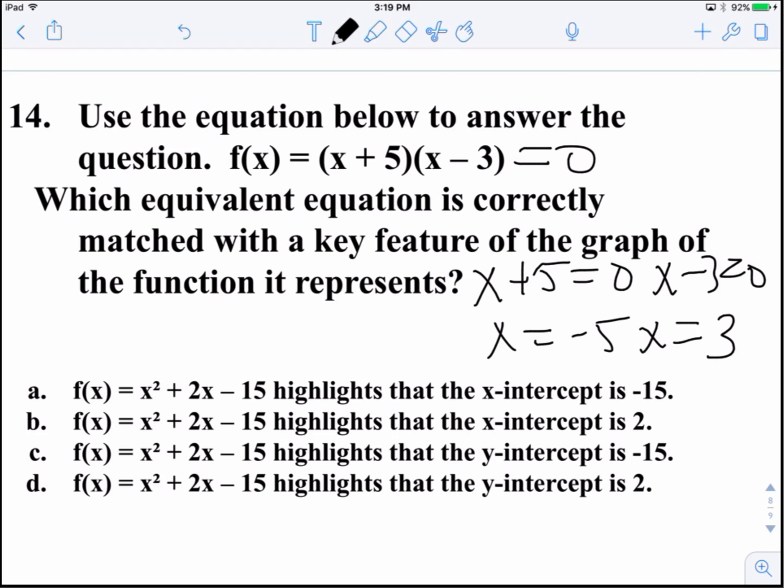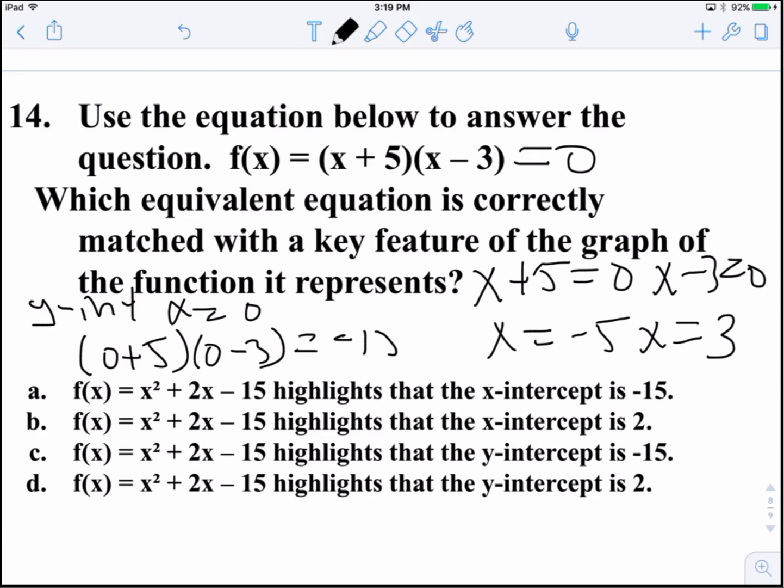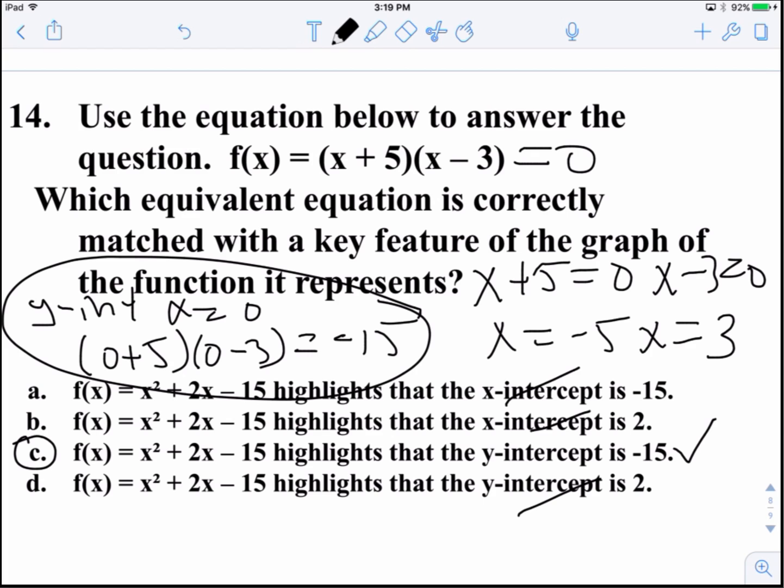Or we can solve for the y-intercept. For the y-intercept, that means x equals 0. So if x is 0, we have 0 plus 5 times 0 minus 3, so the answer will be negative 15. So we say that the x-intercept is 15, so we don't have that. That is not true. That is also not true. And the y-intercept is negative 15, so this could be true. And y-intercept is 2, so that's not true. So the answer is C.